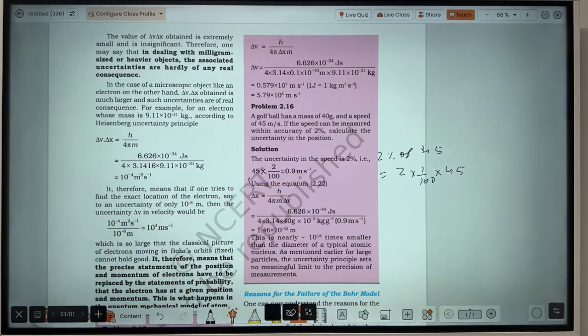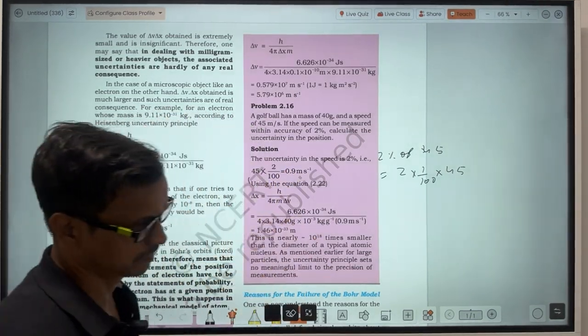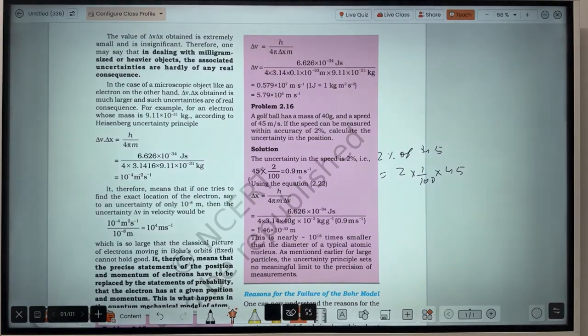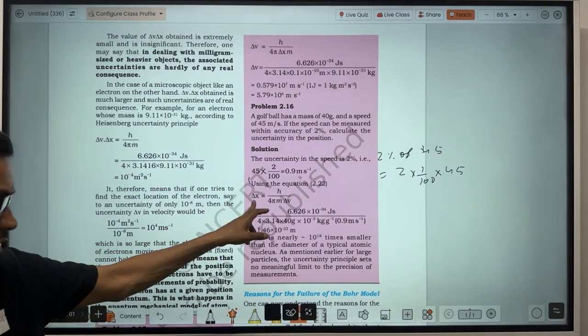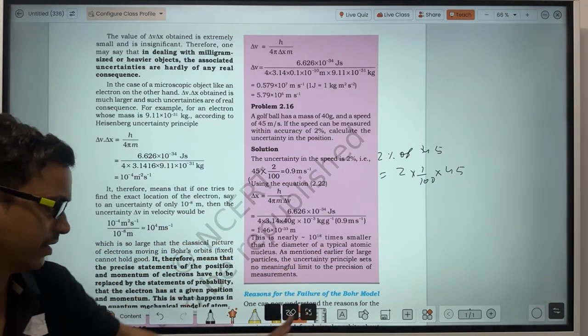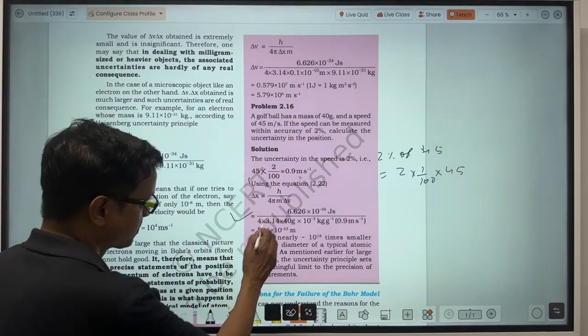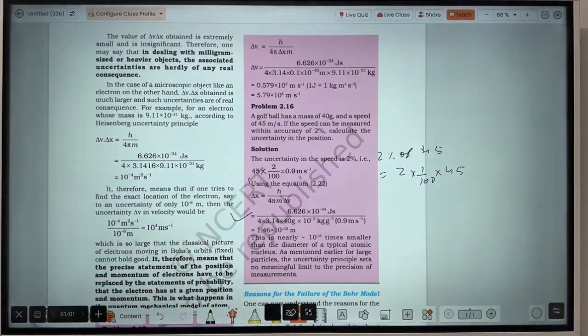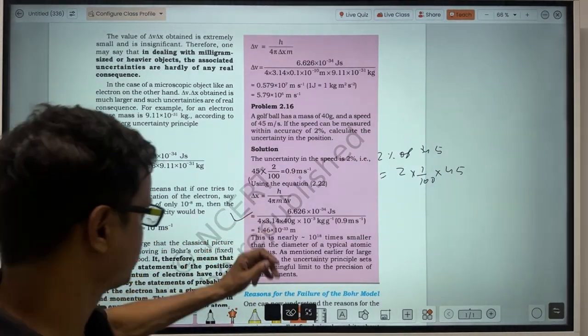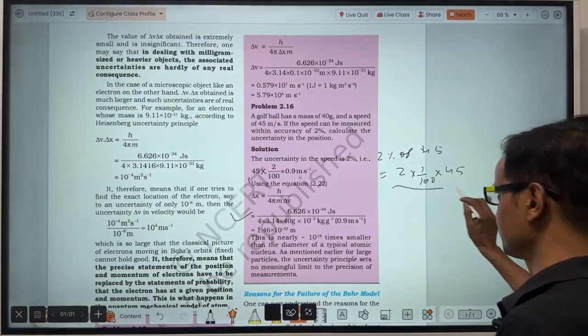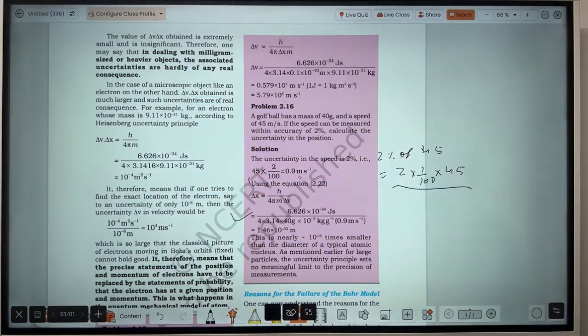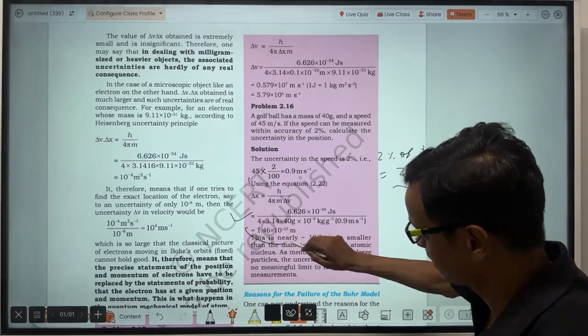You already know delta x delta v will be greater than or equal to h upon 4 pi. So by that value delta x can be calculated, that is, the inaccuracy in the position. The inaccuracy in the momentum was 2%, so that was the inaccuracy in the velocity, and the inaccuracy in the position will be that much.